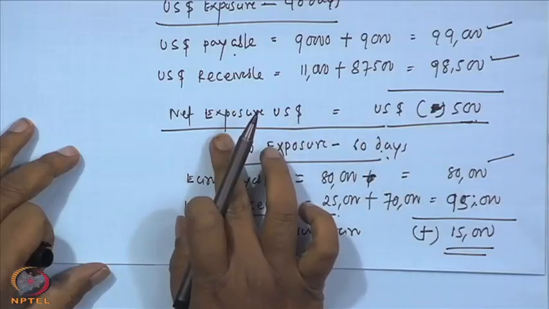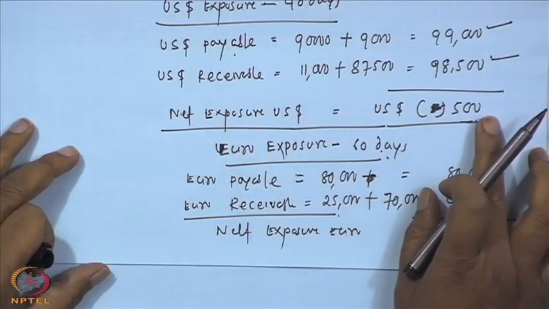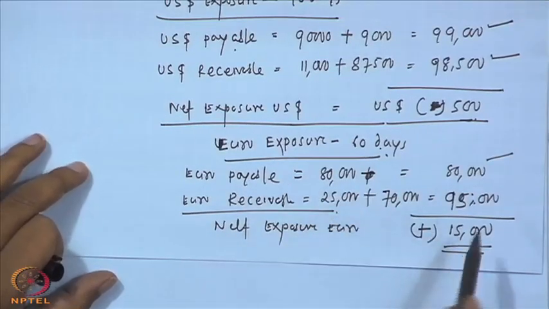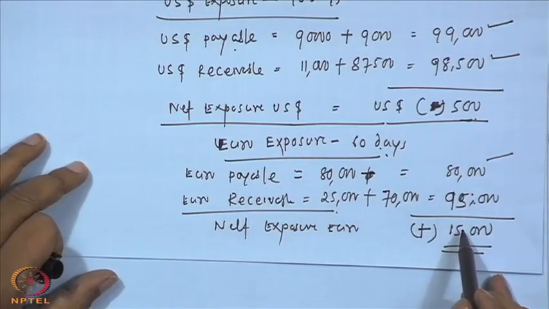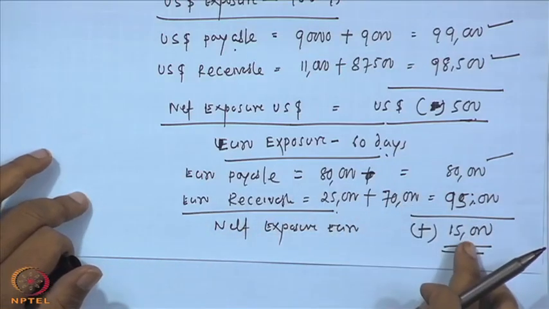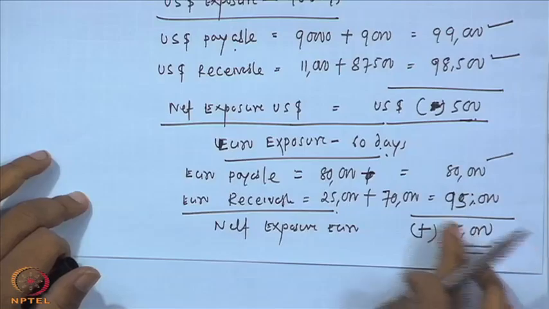So, the transaction exposure in dollar terms is negative $500, to arrange. So, it has to go for a forward contract for arranging this $500, which is supposed to be repaid on the 40th day. Similarly, on the euro side, the surplus receivable is 15,000 euro. When it receives this surplus 15,000 euro, it needs to convert it into Indian rupee, the domestic currency.